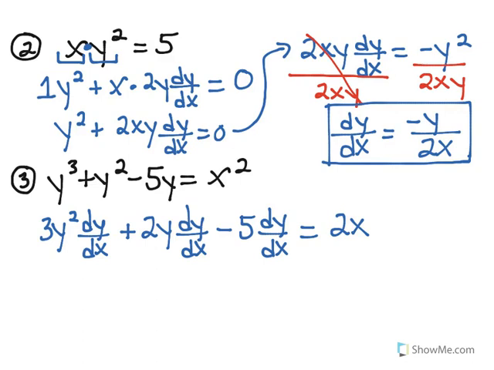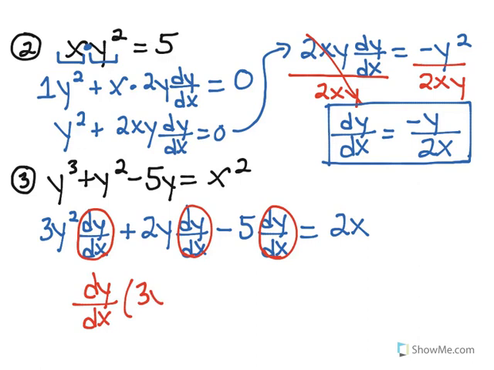So see how each term over here has a dy/dx in it? 1, 2, 3. I'm going to factor that out like a GCF. And that leaves me with 3y squared plus 2y minus 5, close parentheses, equal to 2x. So my final answer here should be relatively easy to come up with.